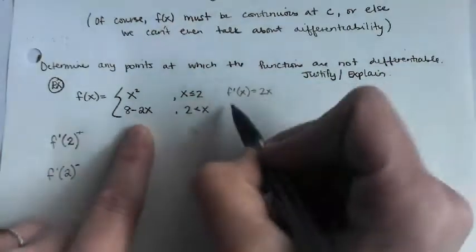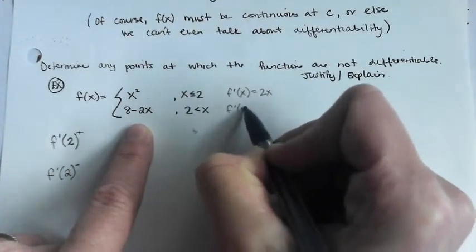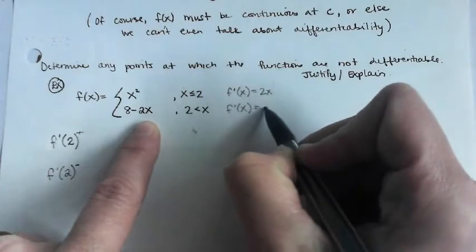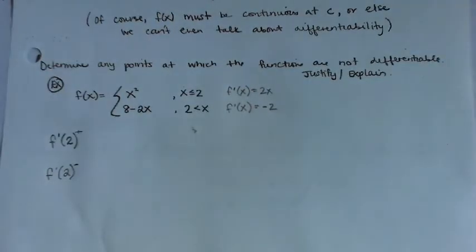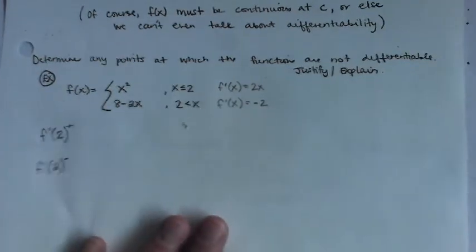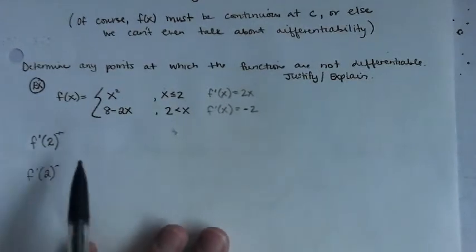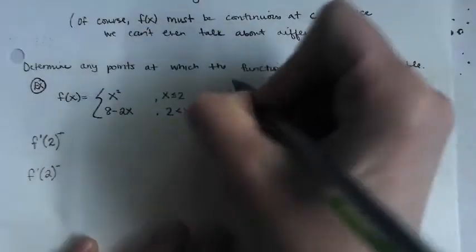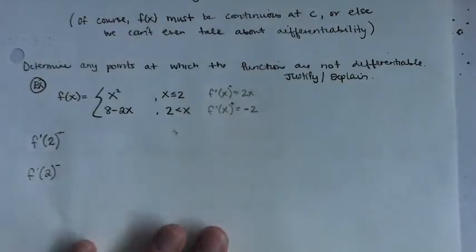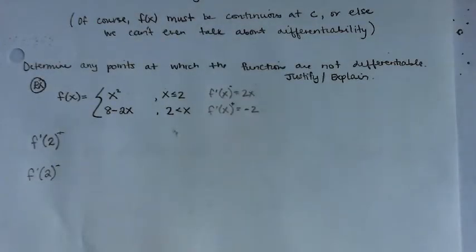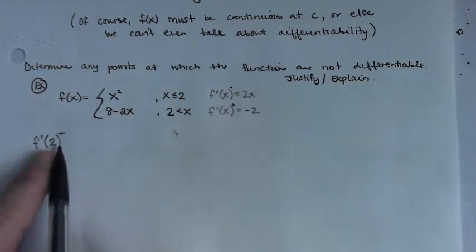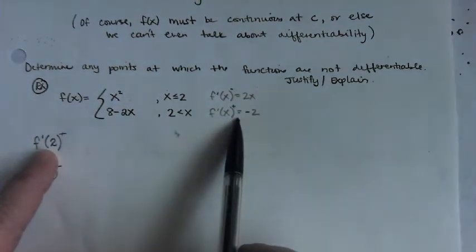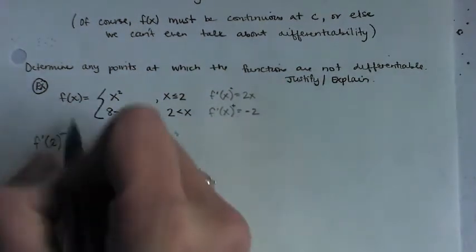When you're coming from the right of 2, your derivative is just negative 2. So this is the right, and this is coming at x from the left.